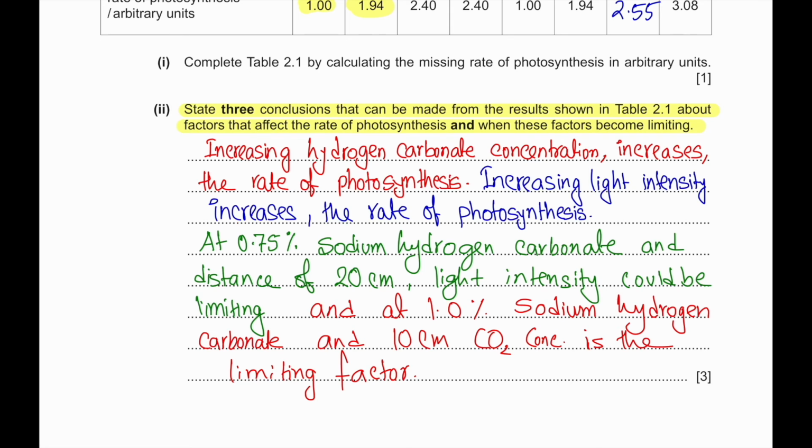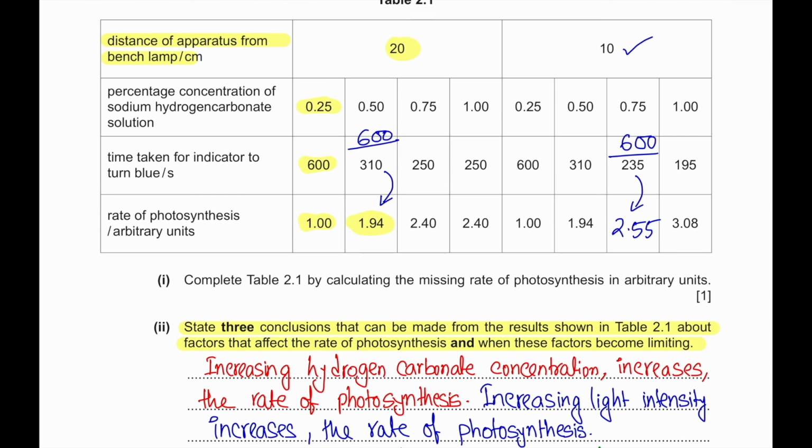So we can conclude that increasing hydrogen carbonate concentration increases the rate of photosynthesis. We can see it from here. Once we increase the hydrogen carbonate concentration, we increase the rate of photosynthesis. We can see the rate of photosynthesis in arbitrary units increases.